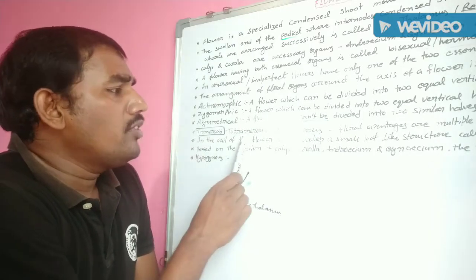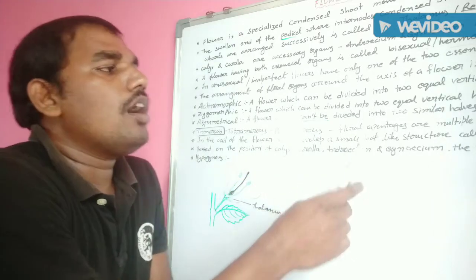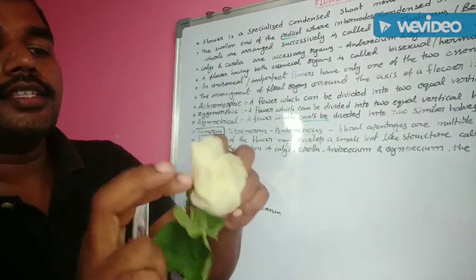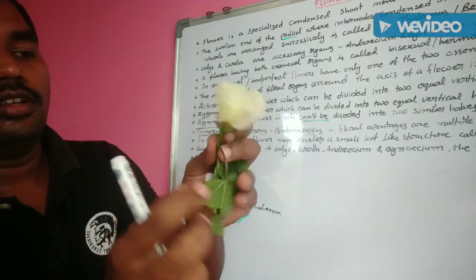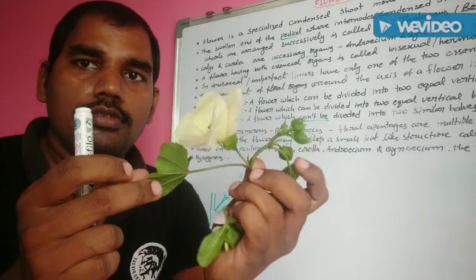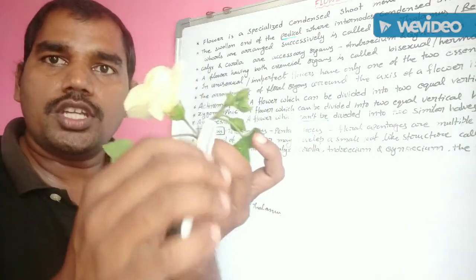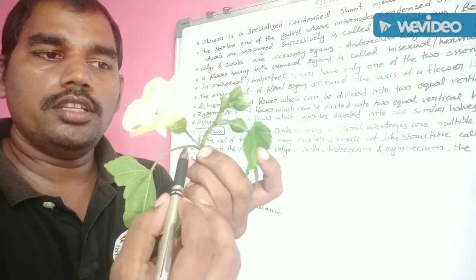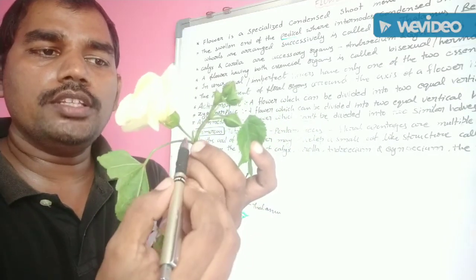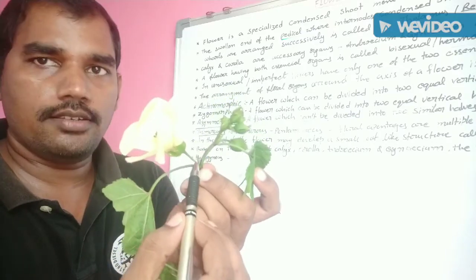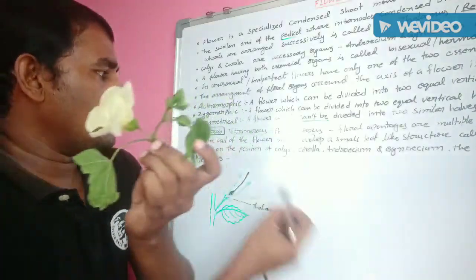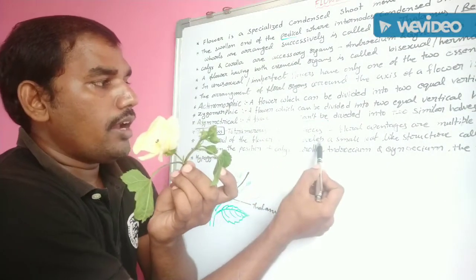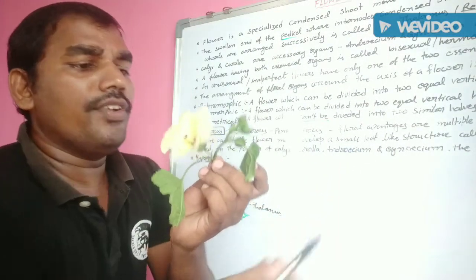And the axil of the flower may develop a small leaf-like structure. This one is the axil of a flower. The leaf and the main stem: the portion in between is known as the axil. In the axil of the flower may develop a small leaf-like structure.